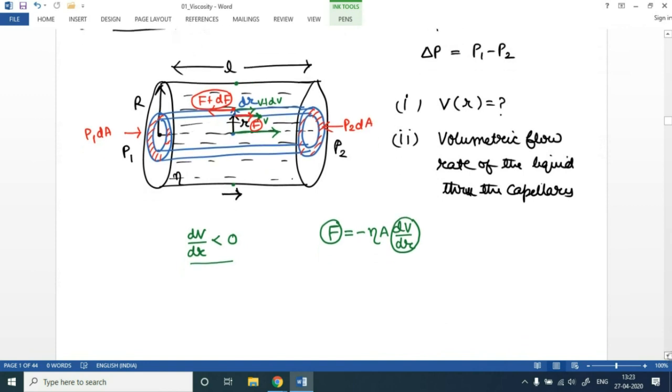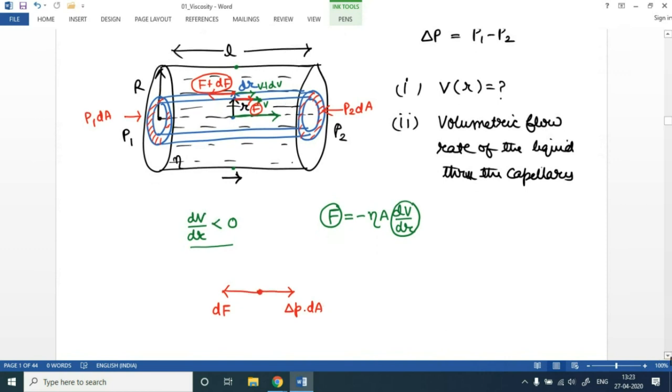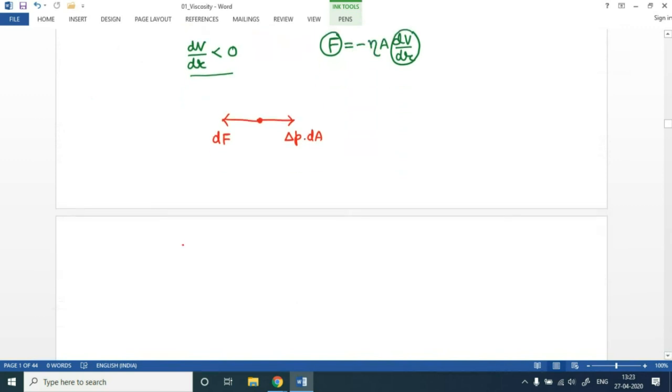So when you consider the overall force balance on this layer of liquid, you will get dF in this direction and delta P into dA in this direction. As I said, all the layers of the liquid will be moving with uniform velocity with respect to time, so net force has to be equal to 0. So dF is equal to delta P times dA.